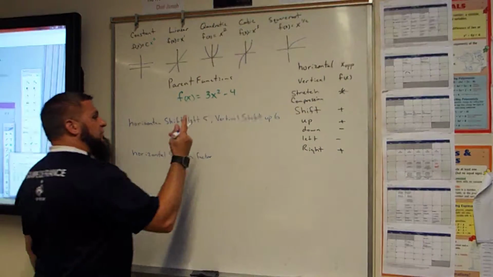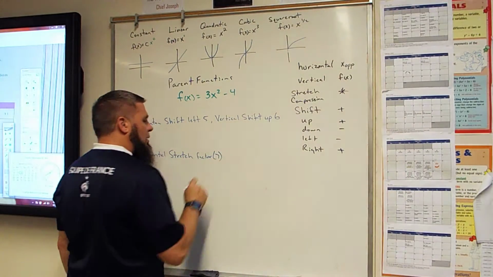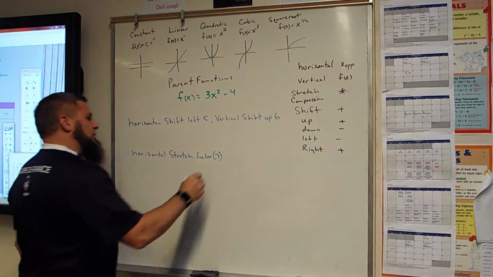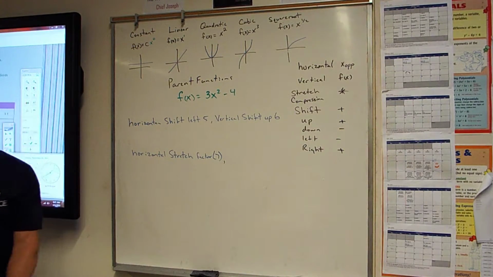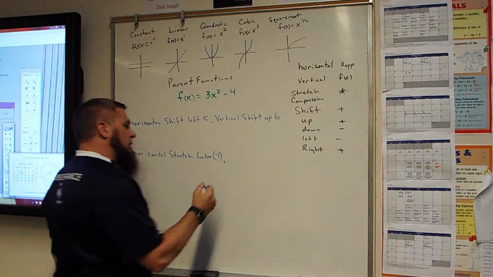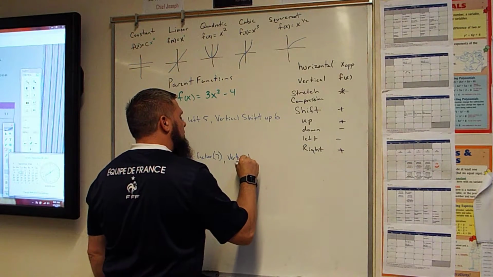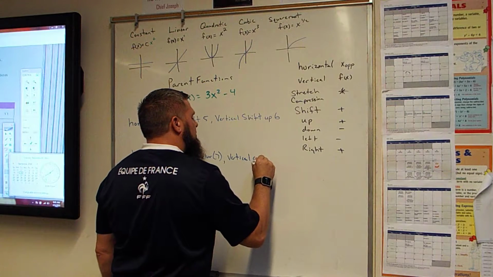So a factor of 7. But we can't stop there. No. We gotta make this hard. So let's do a vertical compression.